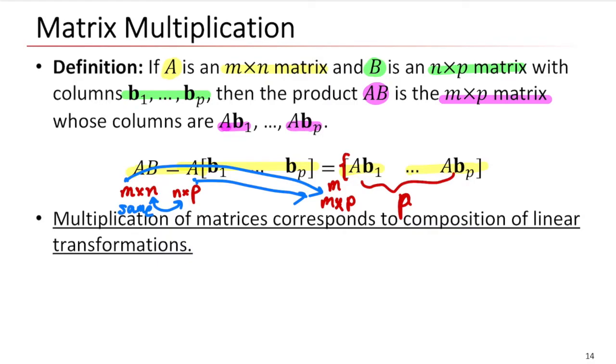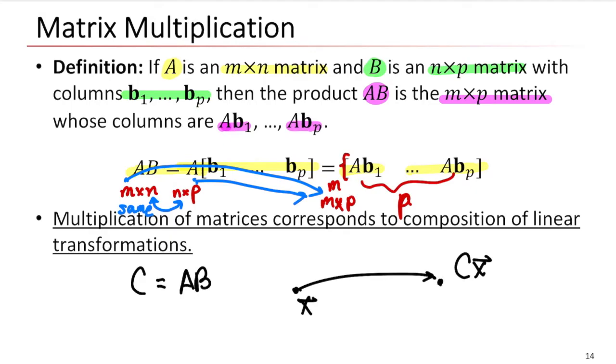Multiplication of matrices corresponds to the composition of linear transformations. Let's say there is a matrix C equal to A times B. If we have the vector x, then what is the vector C times x?